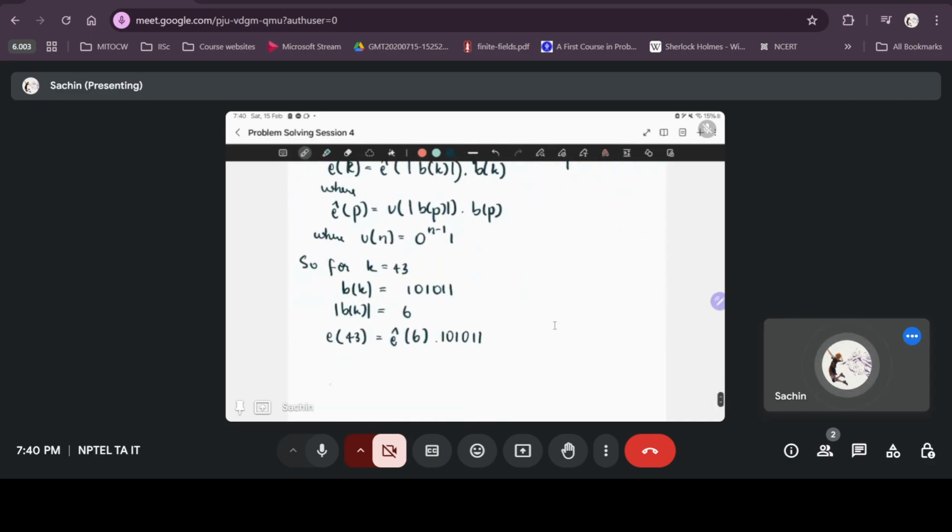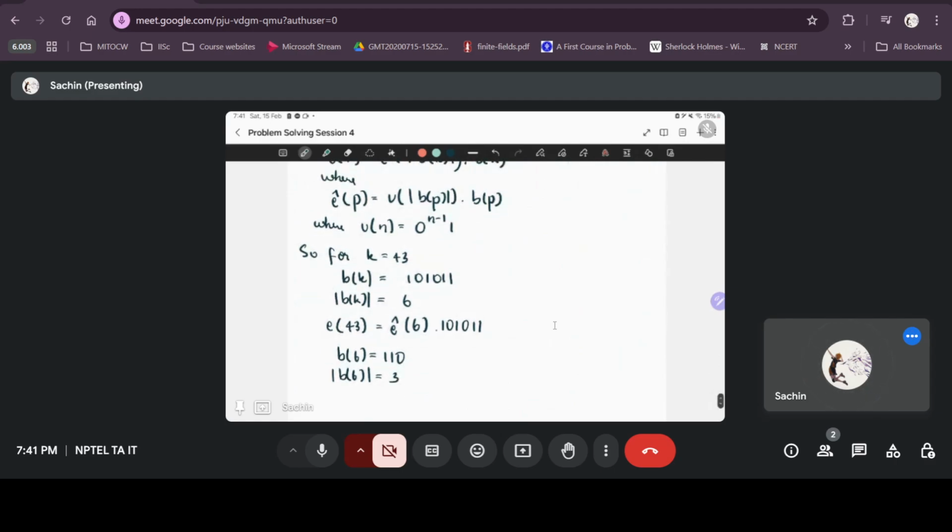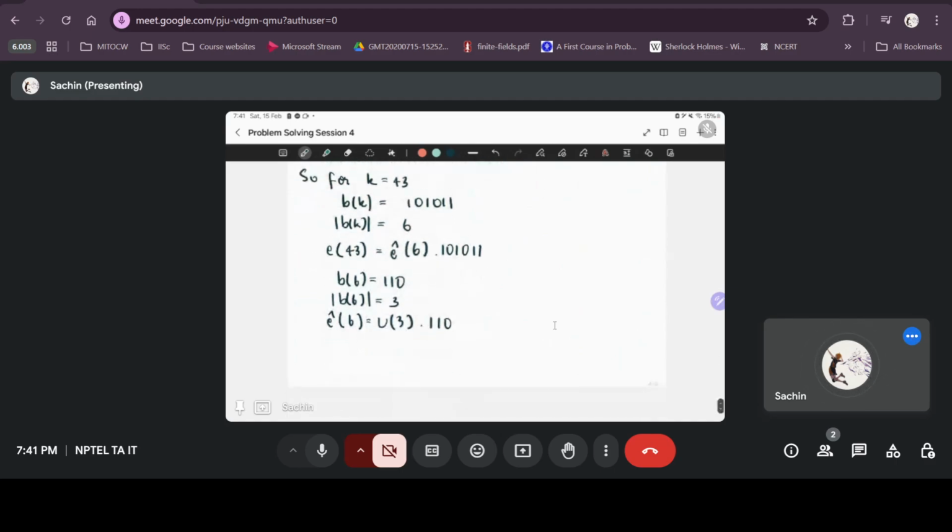Next, E hat of 6 is, for that you have to find B of 6. Binary representation of 6 is 110. Modulus of B of 6 is 3. So E hat of 6 is U of 3 concatenated to 110.